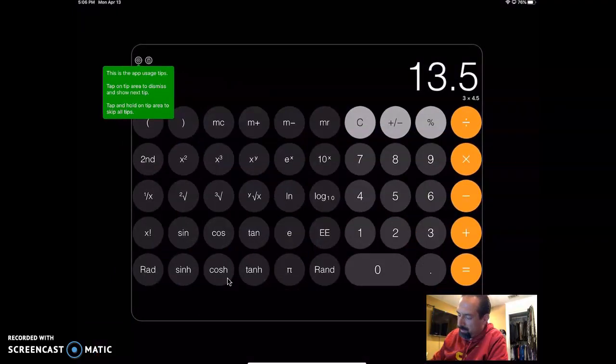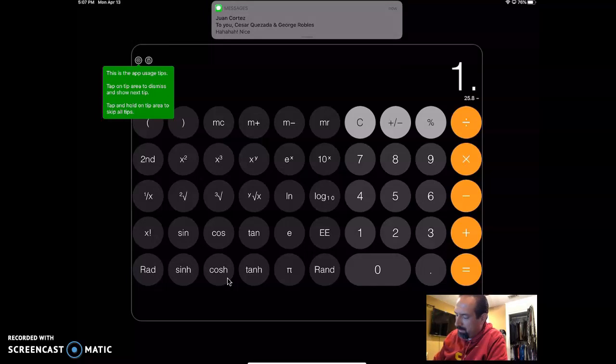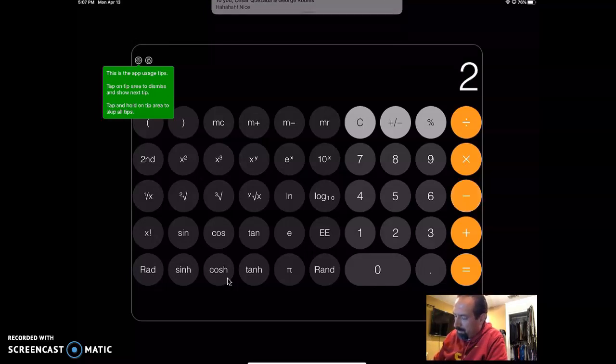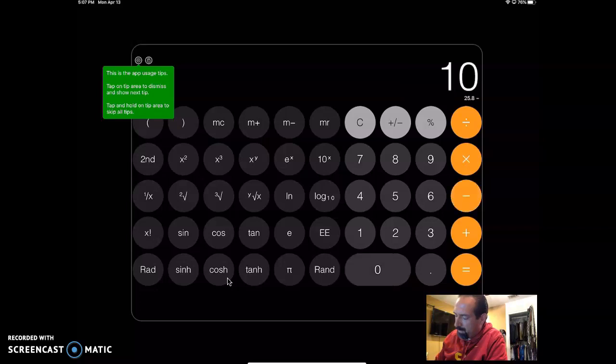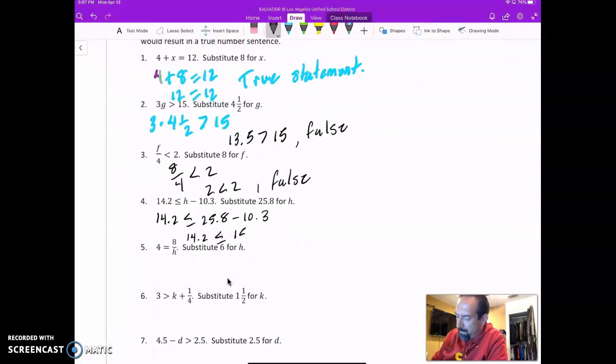Go to calculator, 25.8 minus 10.3. 15.5. So is 14.2 less than or equal to 15.5? The answer is true. This is a true statement because 14.2 is less than 15.5, okay?